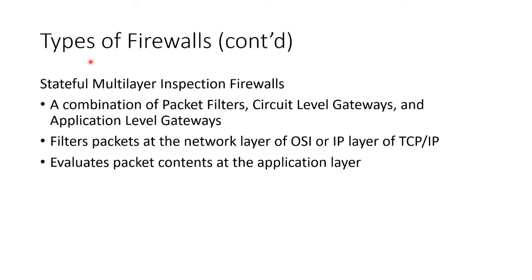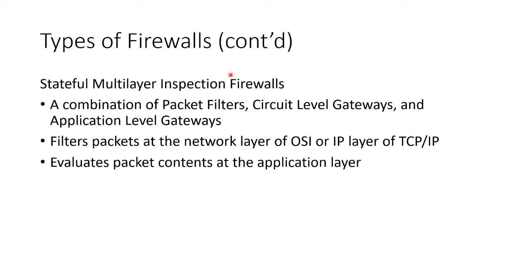Now, the concept of stateful and stateless. Packet filtering was stateless because it has no memory of the packet before. Stateful is the other kinds, the circuit level, the application level. They keep track of the whole handshake from the beginning to the end and everything in between.